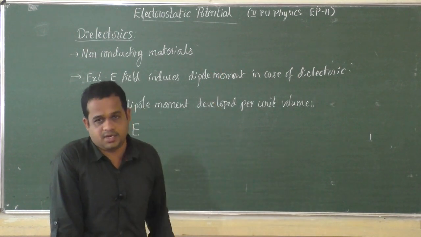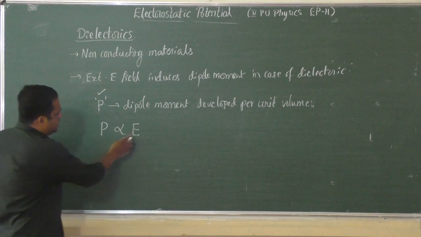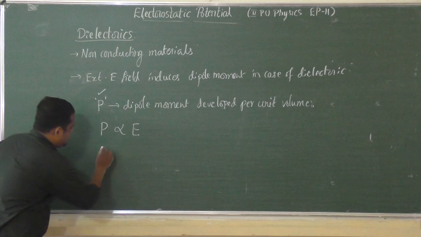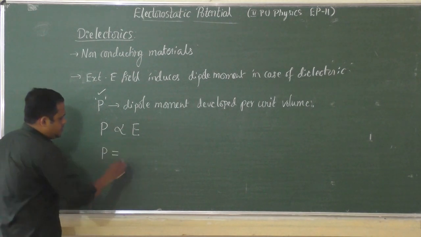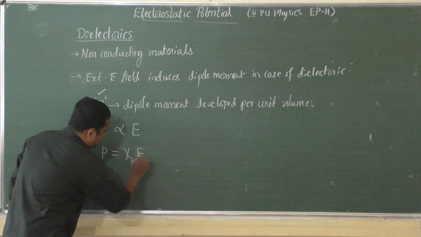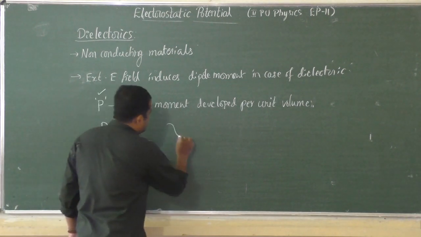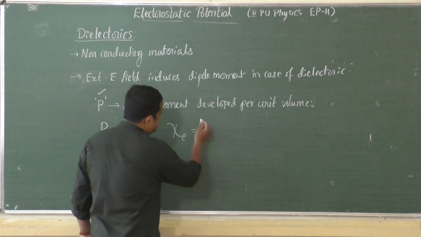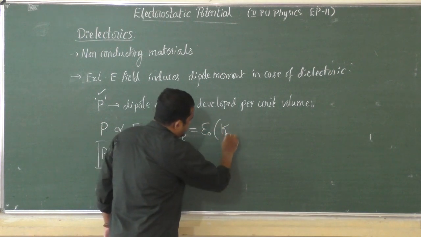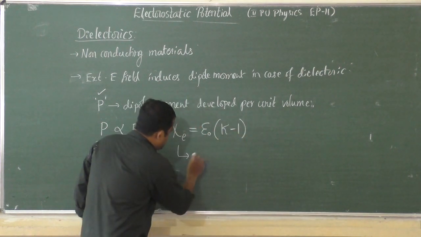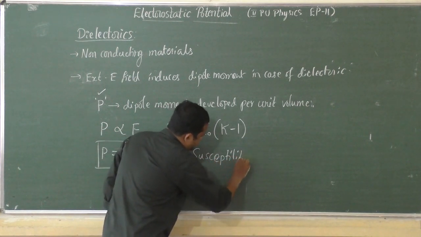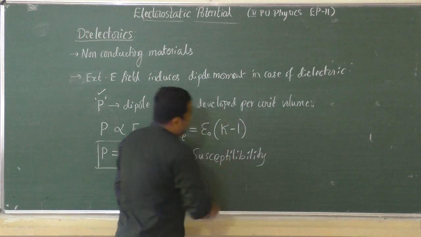That is the meaning: P is directly proportional to the electric field, or if you replace proportionality by a constant, then P equals chi E times the electric field, where chi E is given by epsilon naught into (K minus 1). This term is called the electric susceptibility of the substance.